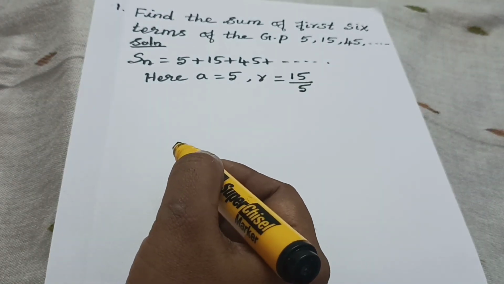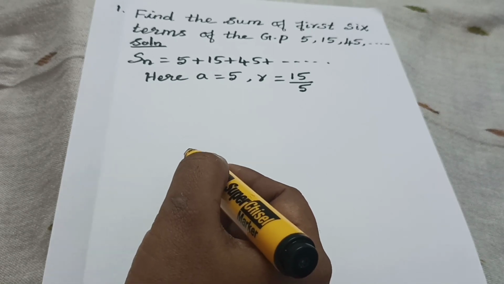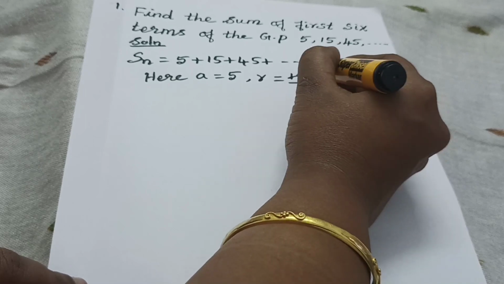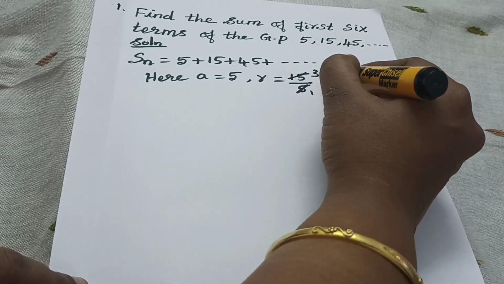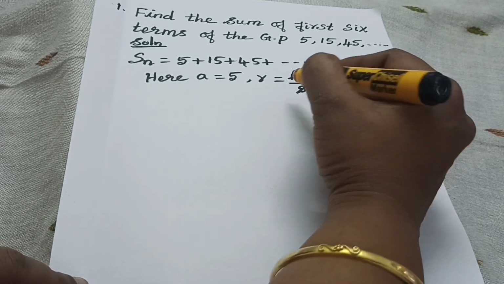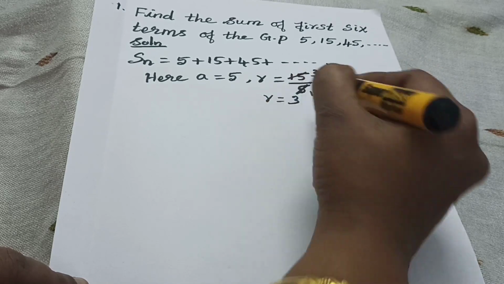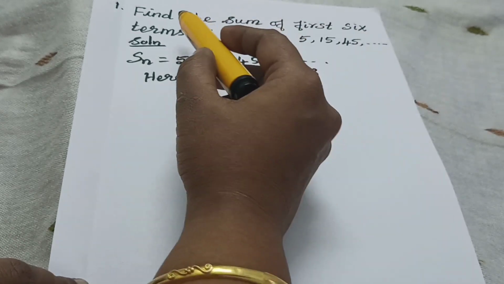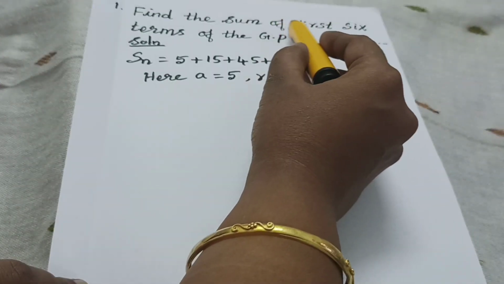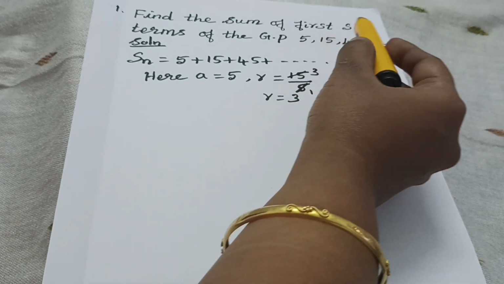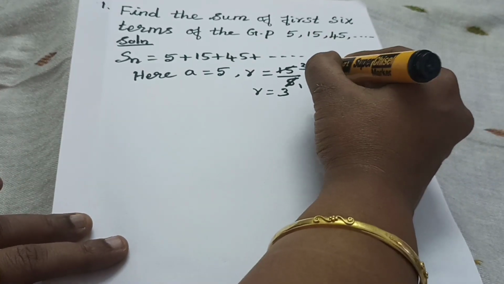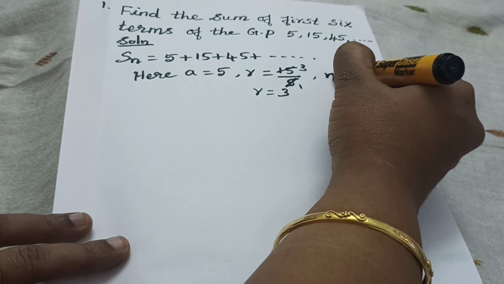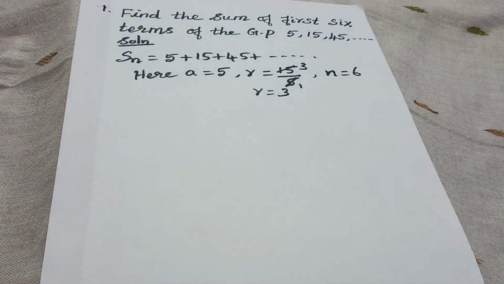Shall we cancel this? 1, 5 is 5. Here 3. Therefore, R equal to 3. Then n equal to, what is given here? Find the sum of first 6 terms. 6 terms means n equal to 6. Number of terms 6. Am I correct?